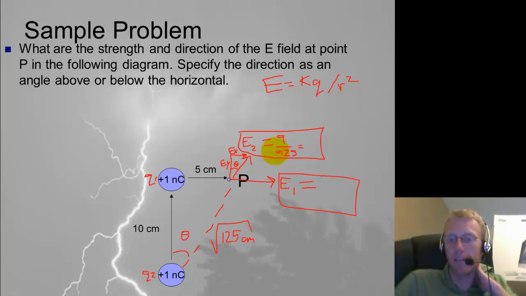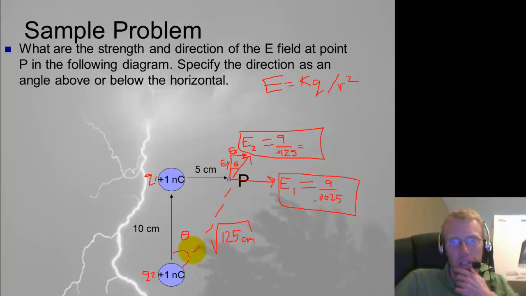Whatever you get, 9 divided by 0.0125. And over here you're going to get 9 divided by 5 squared, which is 25, so 0.0025. I might be off by one digit here. Sorry.